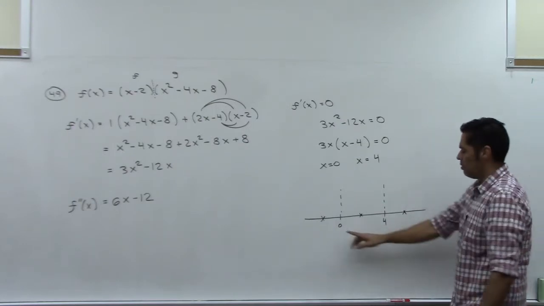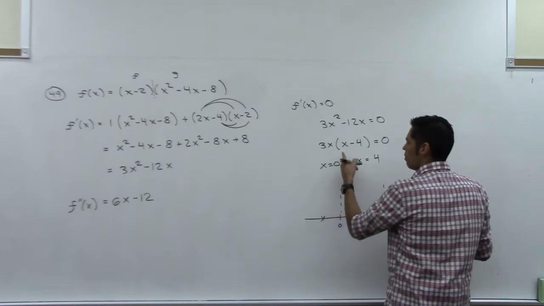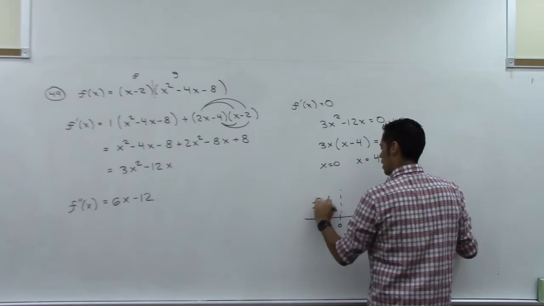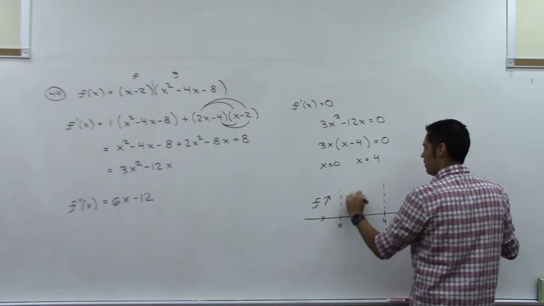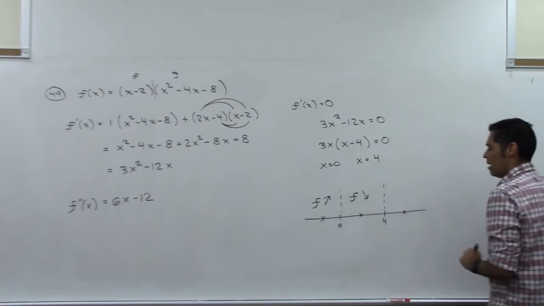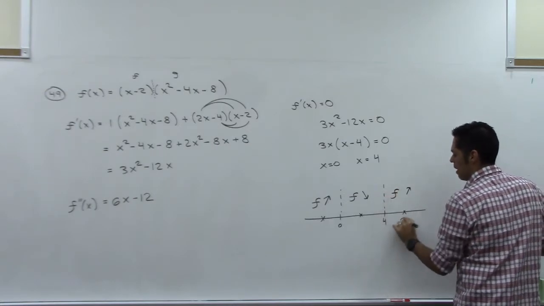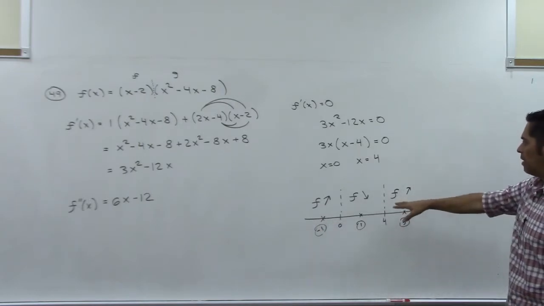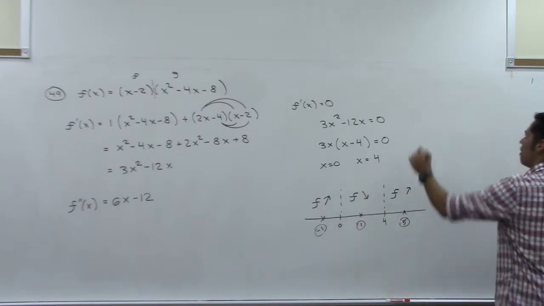If I plug in a test point over here, like -1, we're going to get a positive. So this function is increasing here. If we plug in a test point in here like 1, we're going to get a negative, so my original function is decreasing. And if we plug in a test point over here like 5, it's going to increase. Now, again, I'm not doing that. You could plug in 5, you could plug in 1, you could plug in -1 yourself and see that that's what would happen. Okay, so we're going to just hang on to that information. We'll come back to it in a second.